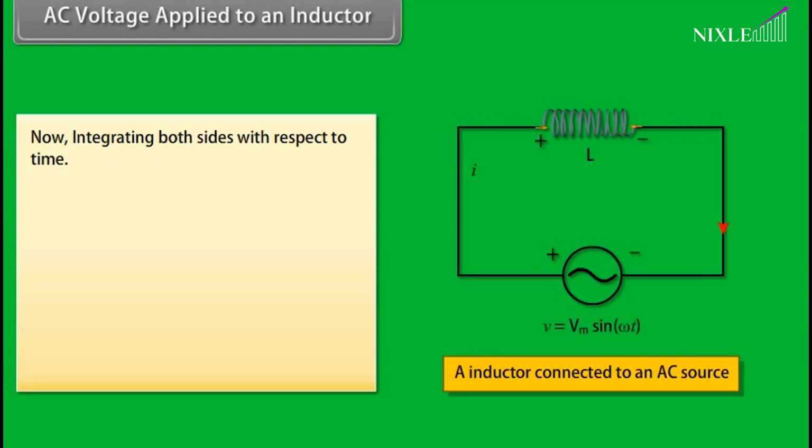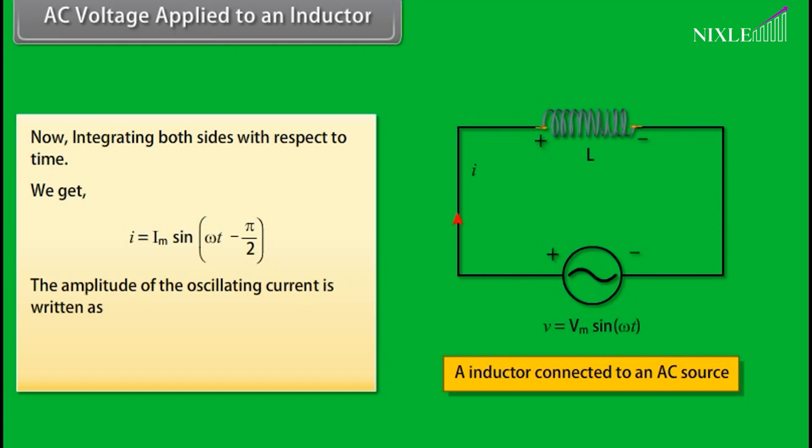Now, integrating both sides with respect to time, we get I is equal to Im sin of omega t minus pi by 2. The amplitude of the oscillating current is written as Im is equal to Vm upon omega L.